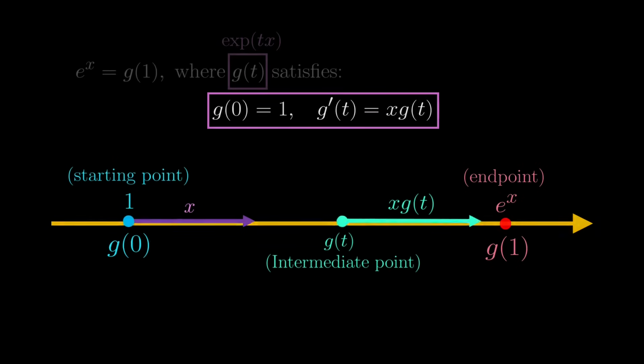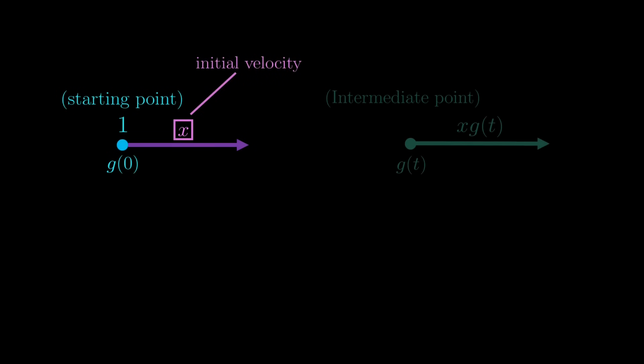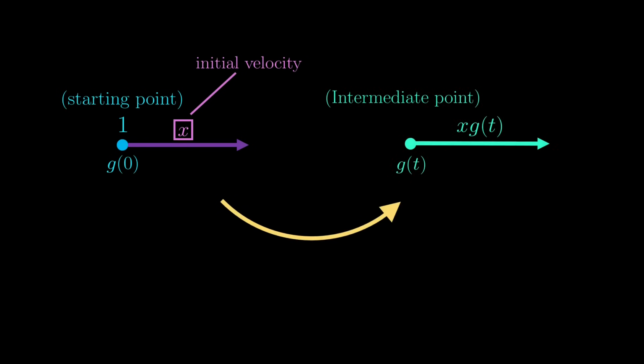Now, something that will be useful later on is to notice the setup at the start and the intermediate points along the journey. The initial setup includes the starting point, which we choose to be 1, and the initial velocity x, which is something that we try to exponentiate. To go from the initial setup to the general setup in the middle of the journey, we simply multiply the whole initial setup by the current position g of t.